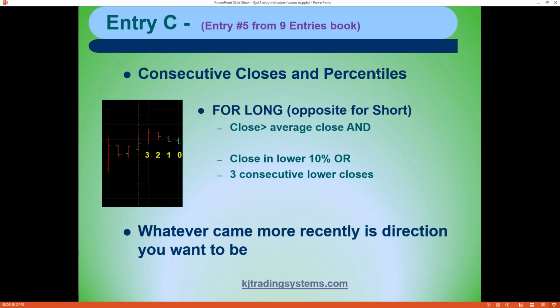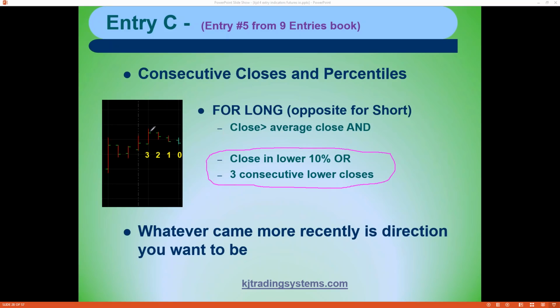Then it has a second part where one of these two things has to happen. It has to close in the lower 10% of recent values, and you'd specify the look back, or it has 3 consecutive lower closes.